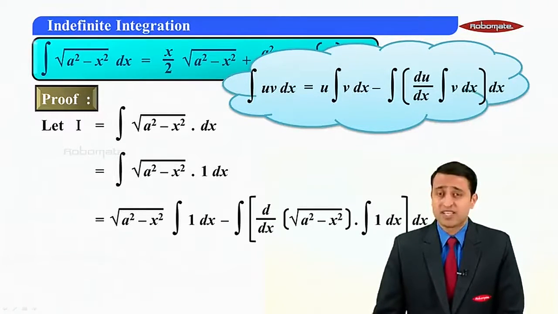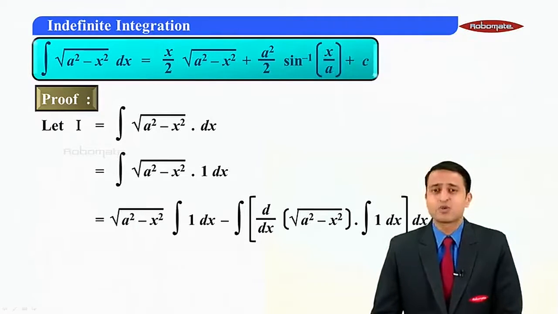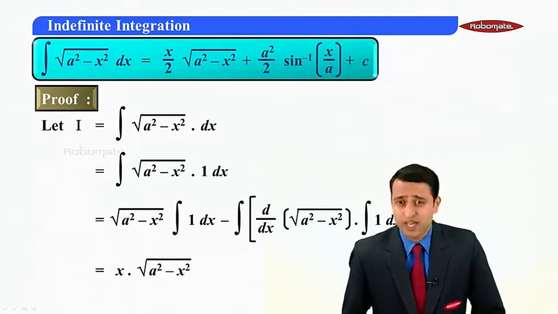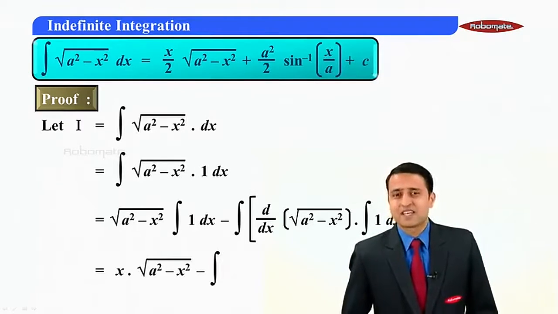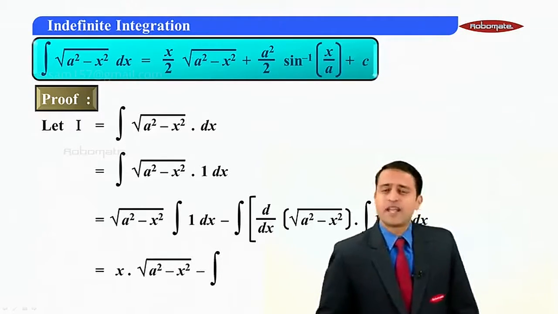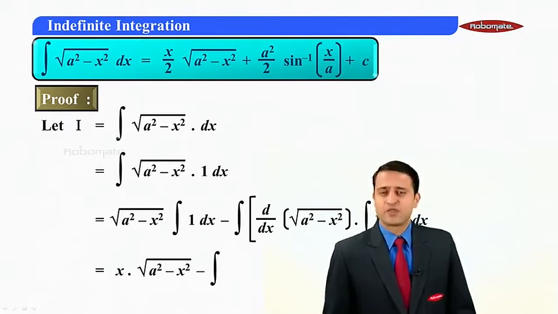Now my dear students, in the next step, can I write x into root of a square minus x square, because integral 1 dx is x, minus integral. Now what is d by dx of root of a square minus x square? It's a composite function, so let me just help you. Let's take it separately.